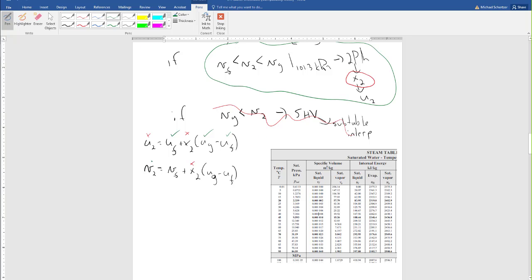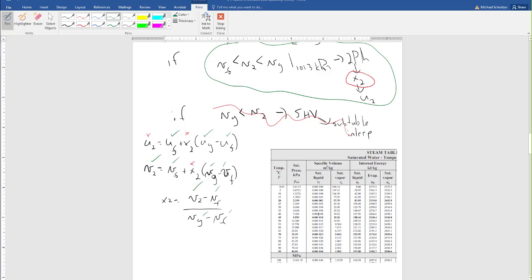I got this from the geometry, so I know all of this. So now I can rewrite X2 is equal to V2 minus VF divided by VG minus VF. I know all of these things.